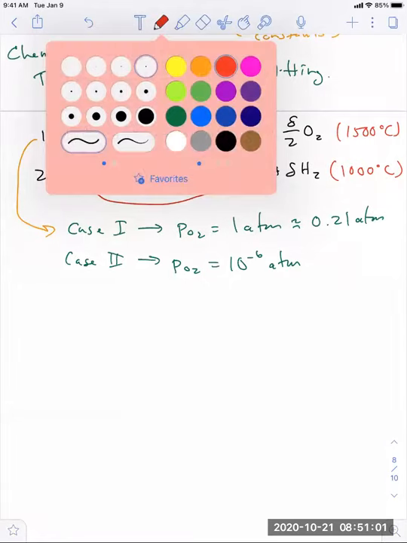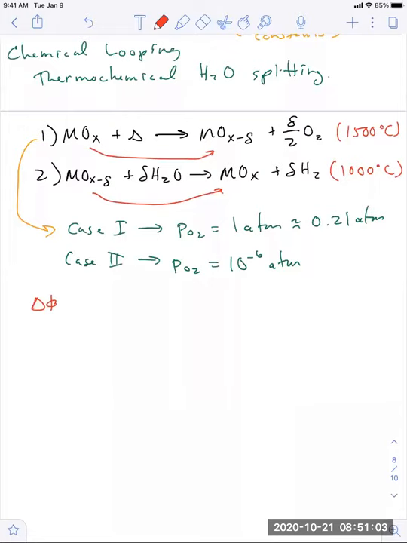Well, we can say that the overall thermodynamic driving force for this system, delta phi of this reaction one, is going to be the Gibbs energy of that reaction minus the chemical potential of oxygen times the number of oxygen molecules that we're adding or removing from the system.